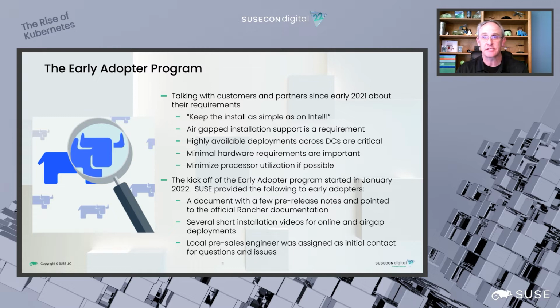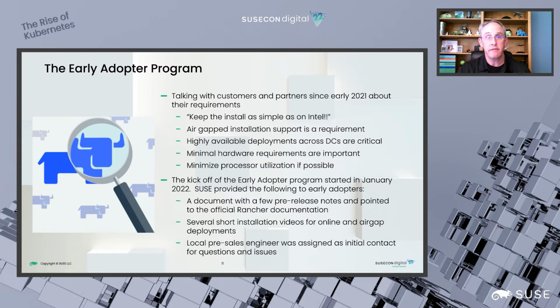Keep the install as simple as Intel. Hopefully you've heard that from Andrew, but I'm going to repeat it again. That has been a key focus of ours, keeping the install the same as Intel, making it easy. The Rancher components, RKE2, K3S, and Rancher Manager can all be installed online, meaning that it pulls directly from GitHub or Docker Hub to get the bits to deploy.